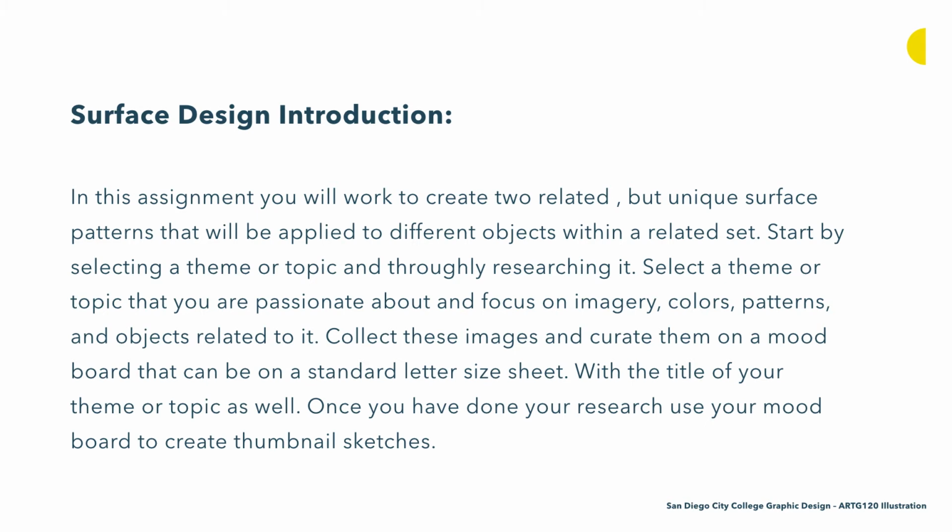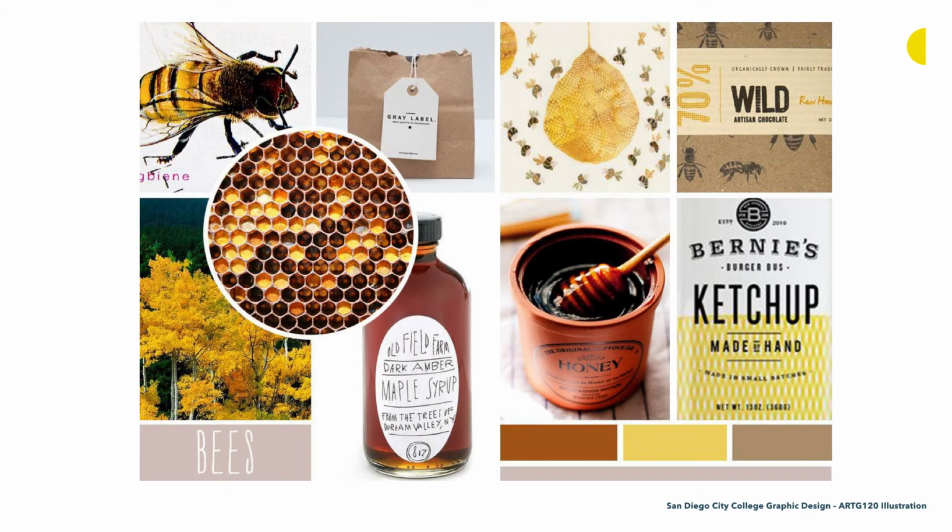So once you have done your research, you're going to use your mood board to create these thumbnail sketches moving forward. This is an example of a mood board here.